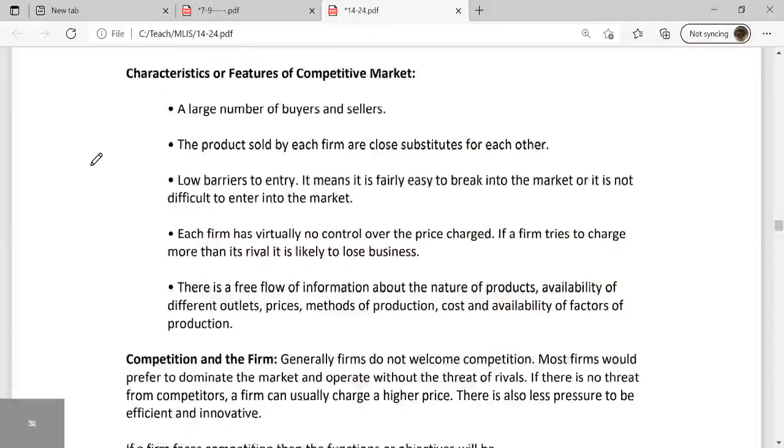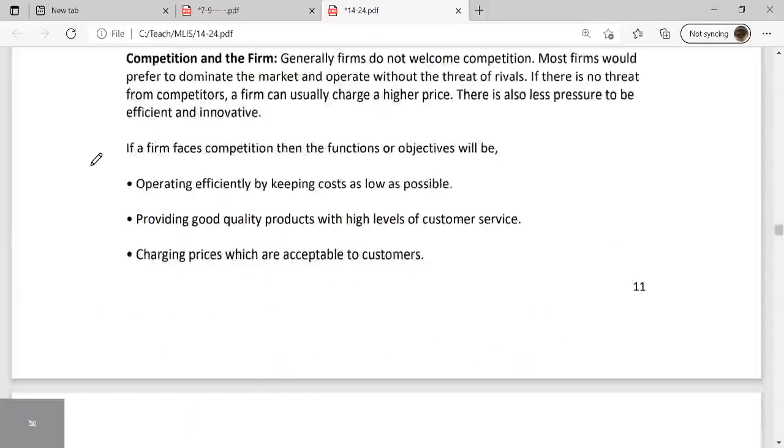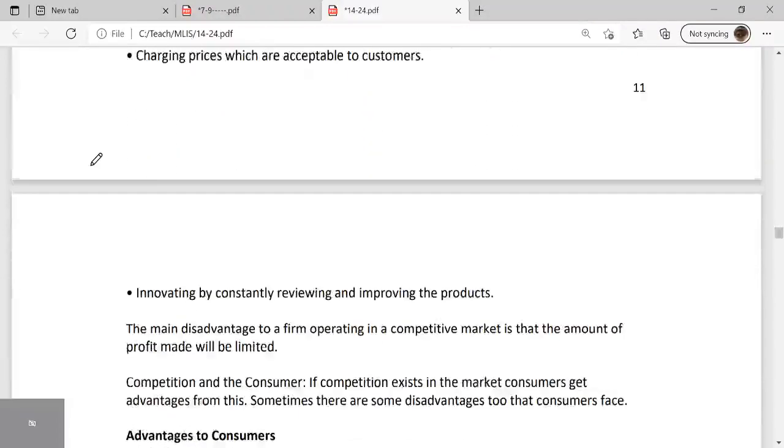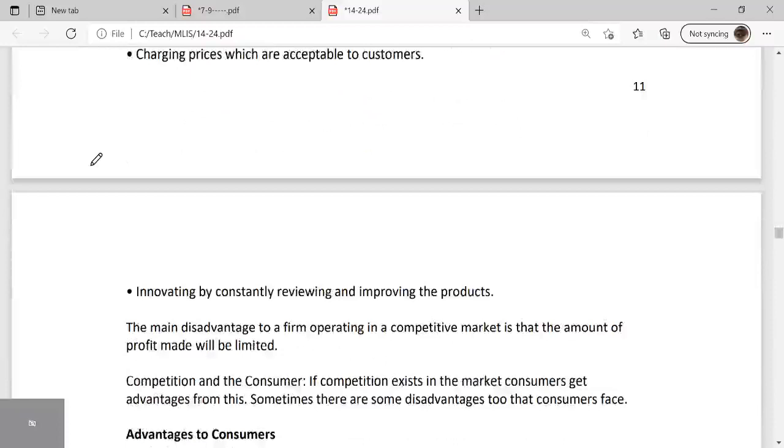Next, we have competition. Competition is a very crucial thing, because firms will try to be more efficient. They will try to increase the quality of the products so that they can keep their customers satisfied. They'll also try to charge lower prices so that they can attract and retain customers.